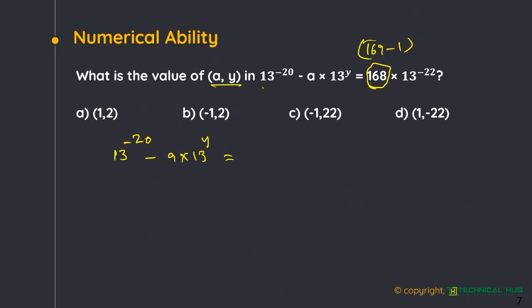So 13 square minus 1 into 13 power minus 22. That is the reason why I'm writing 168 as 169 minus 1. Now here it is 13 square into 13 power minus 22, which is nothing but 13 power minus 20, minus 1 into 13 power minus 22.